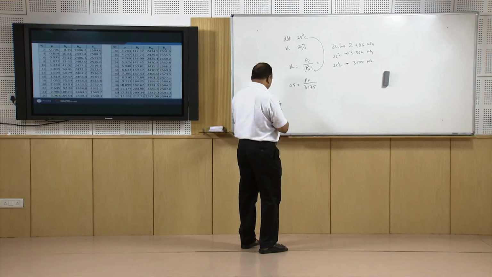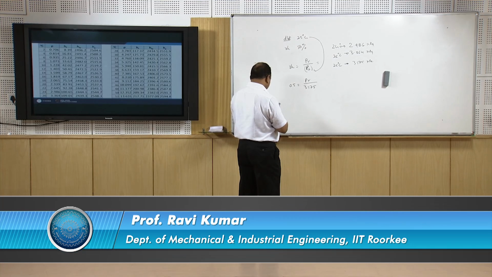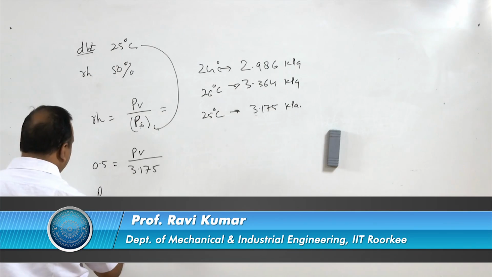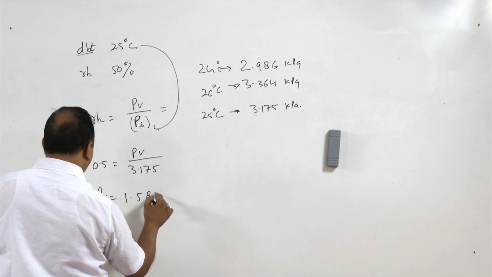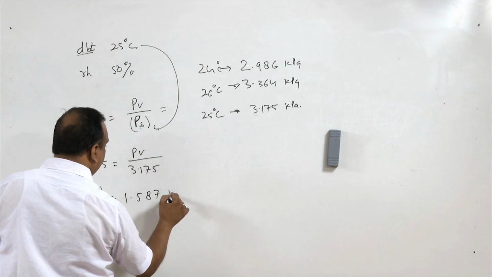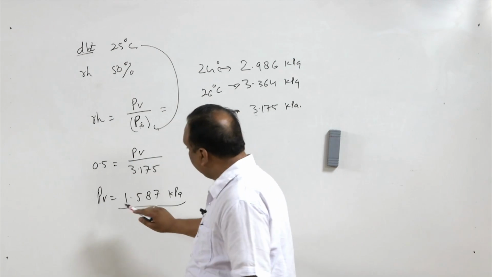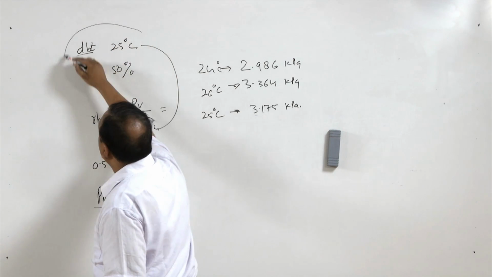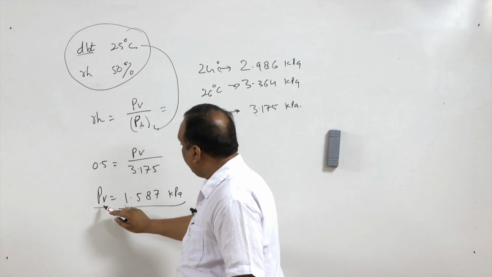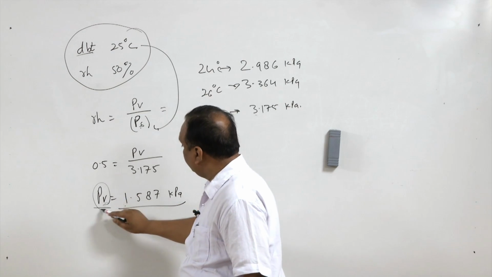And if you want to find the PV at this temperature, PV is 1.587 kilopascal. Now, in order to find the dew point temperature for this state of air, we will find the temperature which is the saturation temperature corresponding to this PV.